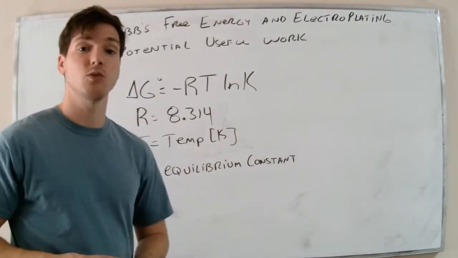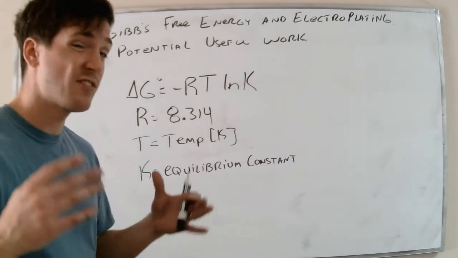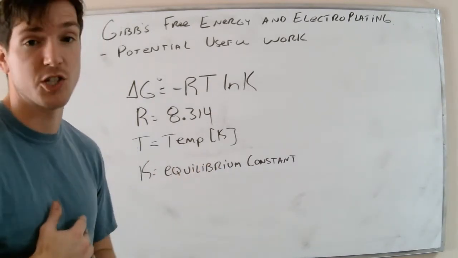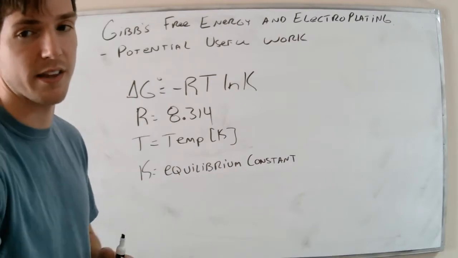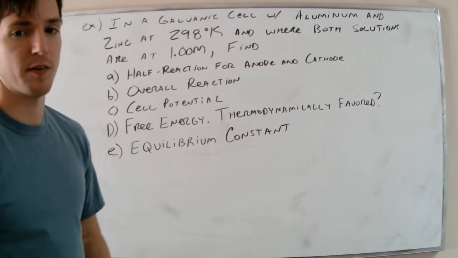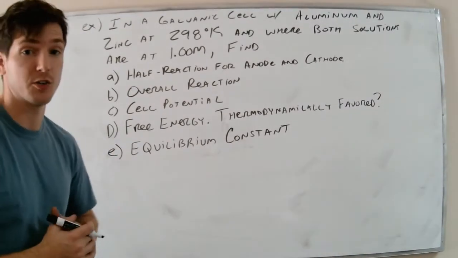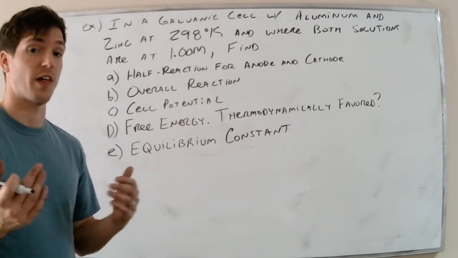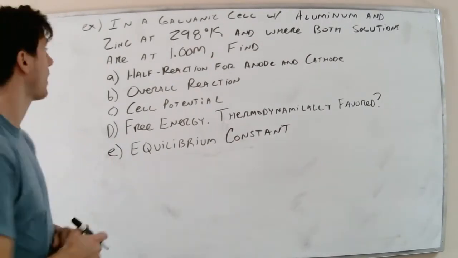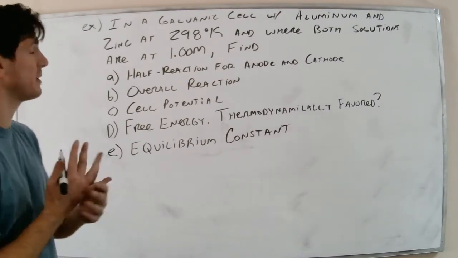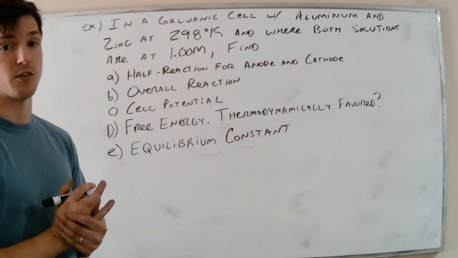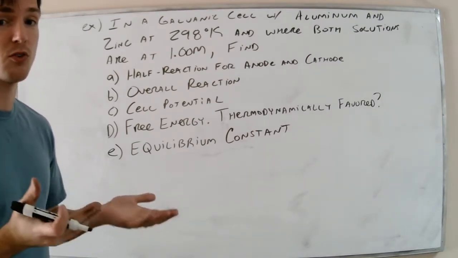So let's do an example where we are doing galvanic cells, Gibbs free energy, and the equilibrium constant all together. All right, everybody, so here's our Gibbs free energy calculation with a galvanic cell. I have a galvanic cell with aluminum and zinc at 298 Kelvin, where both solutions are at 1 molarity.